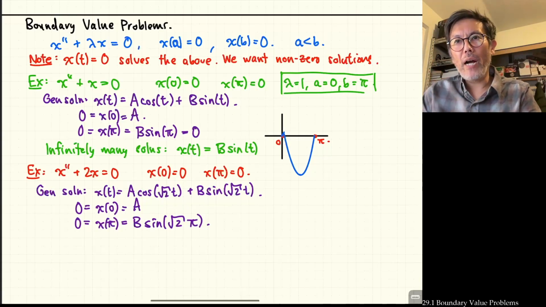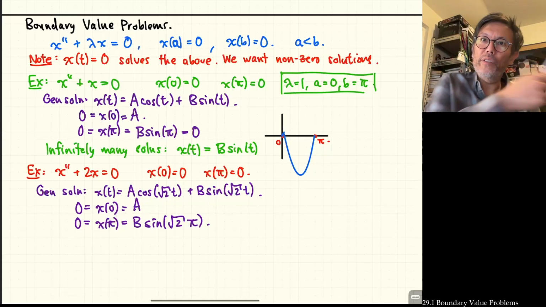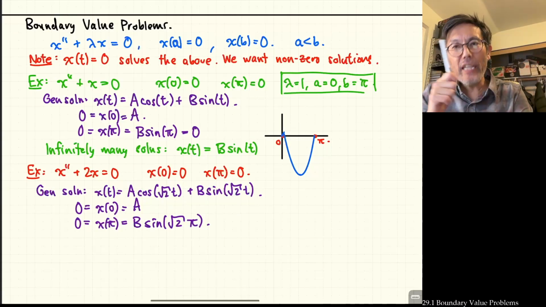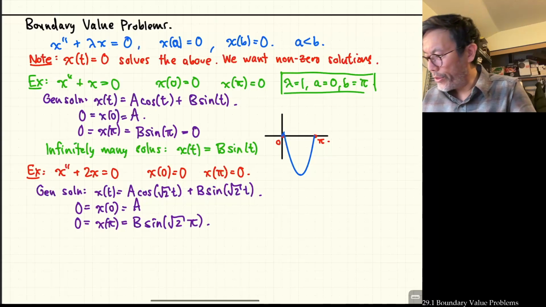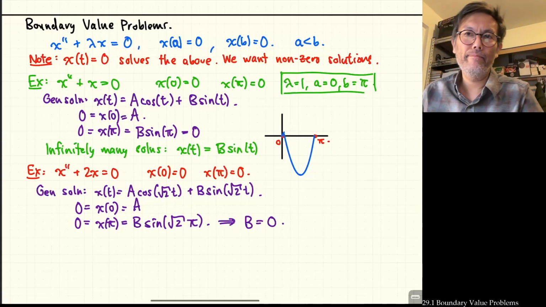So 0, pi, 2 pi, 3 pi, 4 pi, 5 pi, etc. And also negative multiples of pi: negative pi, negative 2 pi, negative 3 pi, etc. It's not 0 in between. So this equation tells us that b must also be 0.